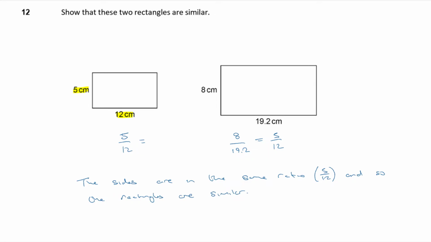Okay, so the sides are in the same ratio and so the rectangles are similar. Often with these questions we're finding the scale factor, but this time we're doing something different. We're just showing that when you divide one side by the other, you get the same number, and therefore they must be in the same ratio, and therefore they are similar.